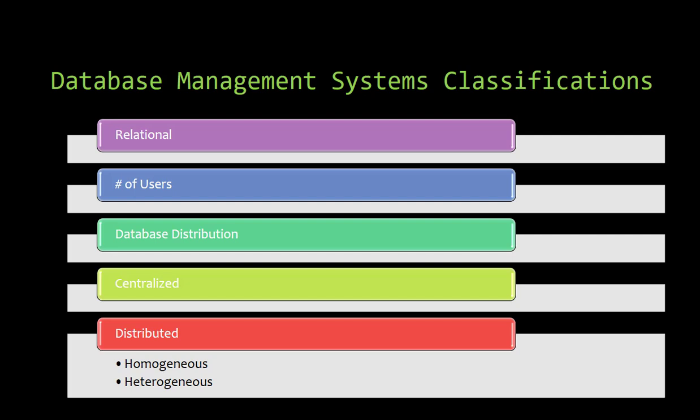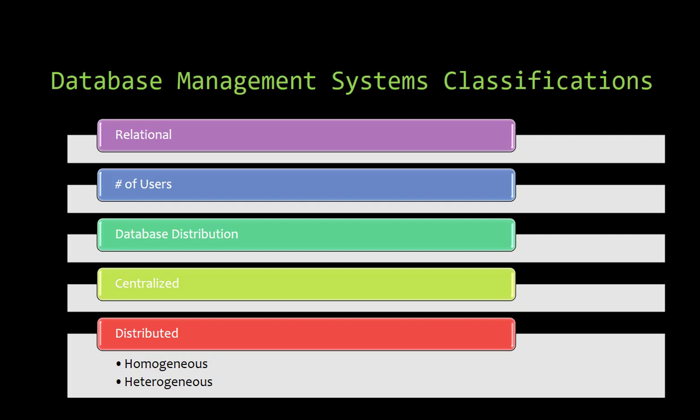We also have a distributed database system, and within this we have 2 other categories, the homogeneous and heterogeneous. In a distributed database system, the actual database and the database management system software are distributed from various sites that are going to be connected through some type of computer network.